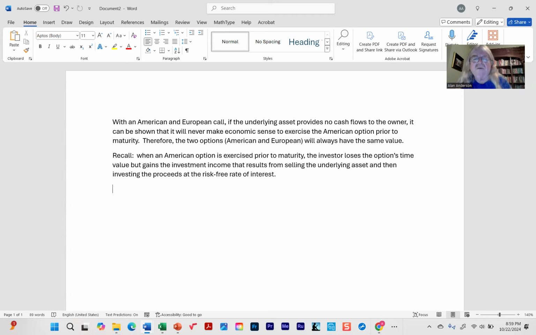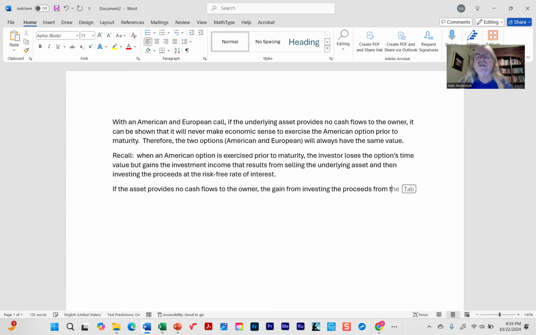Now, having said that, though, if the asset does provide a cash flow, well, actually, let me add one more thing here. If the asset provides no cash flows to the owner, the gain from investing the proceeds from the asset at the risk-free rate will never exceed the lost time value.